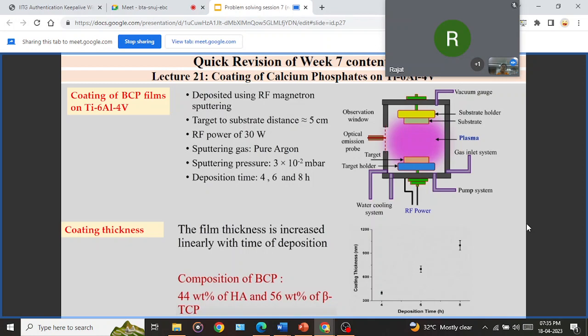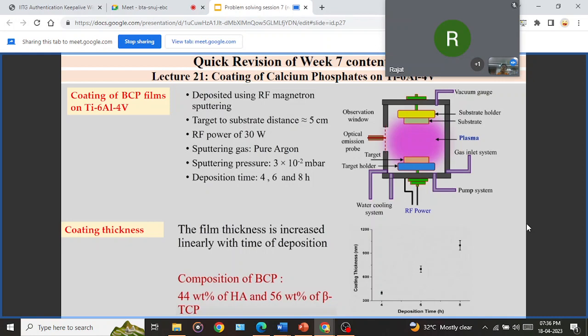The target to substrate distance is around 5 centimeters, and the RF power supplied is 30 watts. The sputtering gas used is pure argon at a vacuum pressure of 3 × 10^-2 millibar, and the deposition time ranges over 4, 6 and 8 hours.